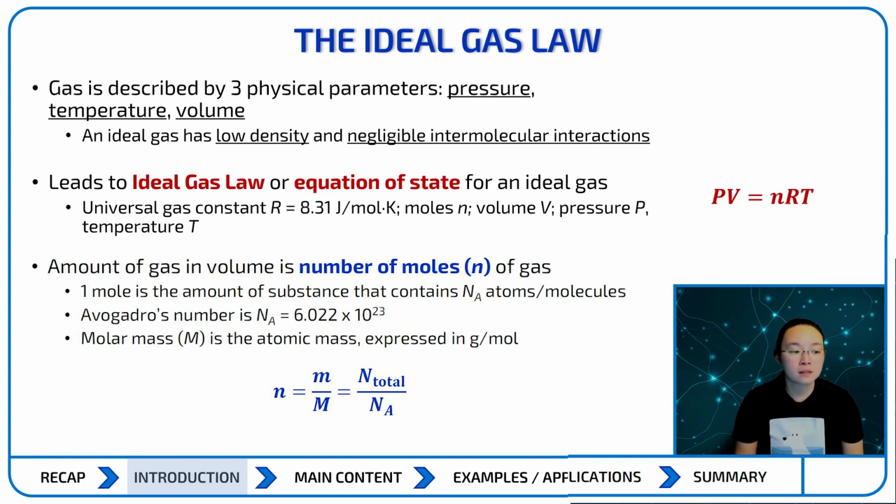Then your molar mass, M, is going to be your atomic mass from the periodic table, which is expressed in grams per mole. So if you want to figure out how many moles are in your ideal gas, you're going to divide little m by big M, in which case you have the total number of atoms or molecules divided by Avogadro's number. Then you'll figure out how many moles of gas you have.